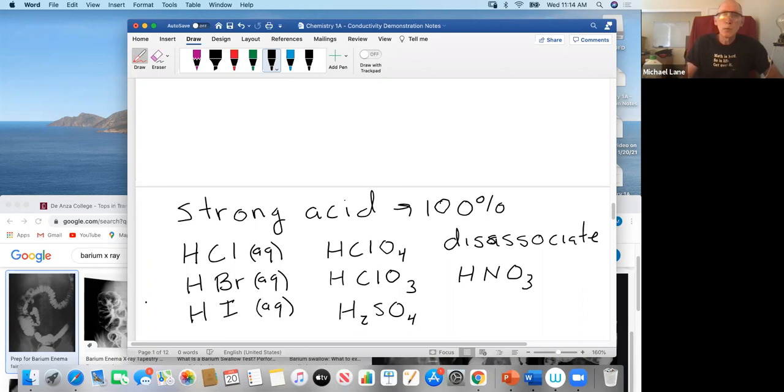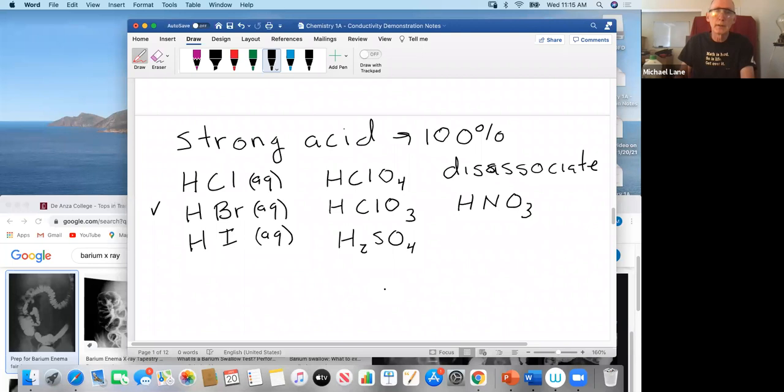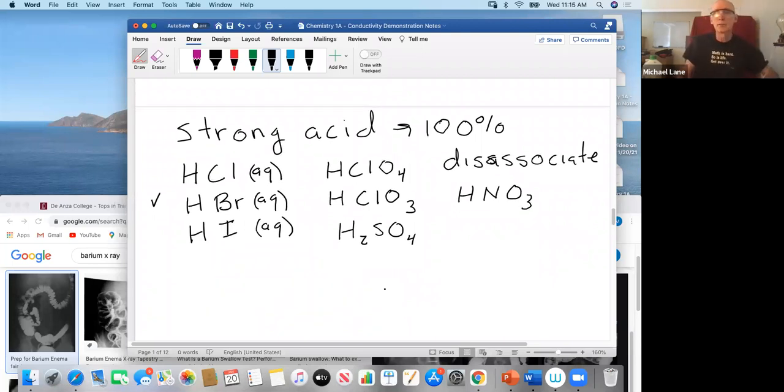So when you see one of these in an equation where you're trying to determine the reaction, and trying to determine the total and net ionic equation, all of these get written as ions in solution. If it is not one of these, then it is not written as ions in solution. While there are exceptions to what I'm telling you, you're not likely to run across them until Chem 1B, and so we're simply not going to worry about them at this point.